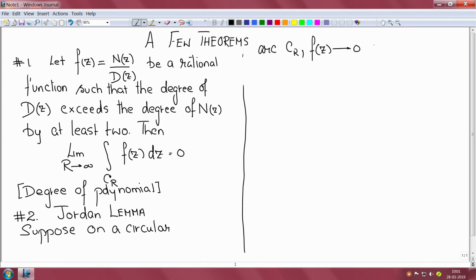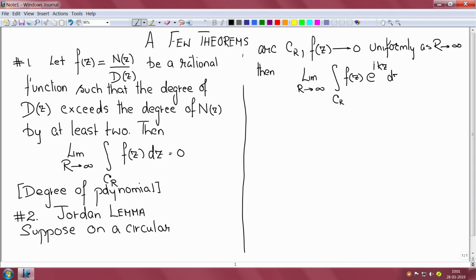tends to 0 uniformly as R tends to infinity, then the limit as R tends to infinity of the integral over the circular arc of f of z, which is uniformly tending to 0, times e to the power i k z dz is equal to 0.